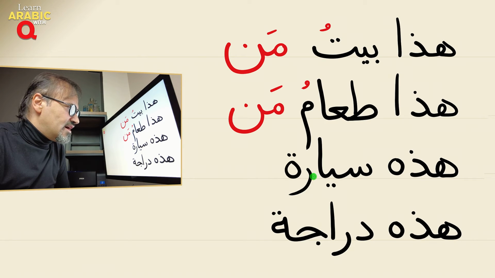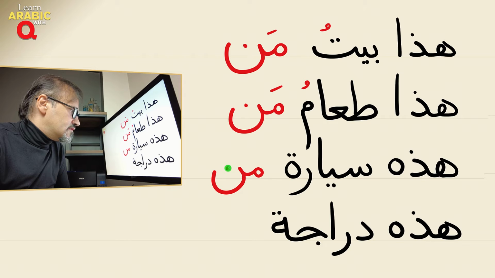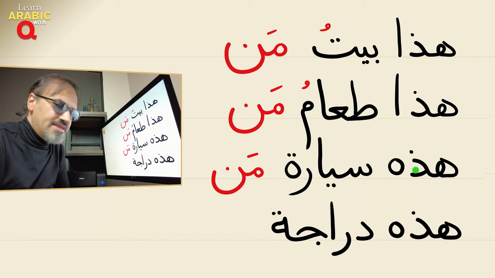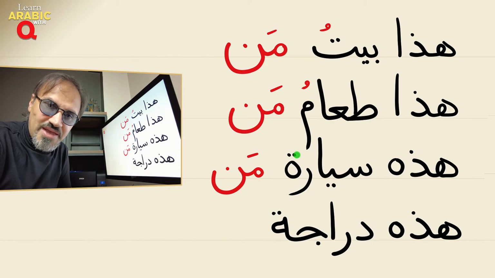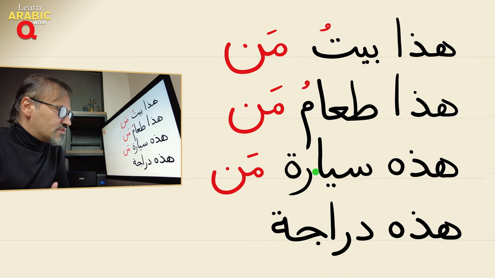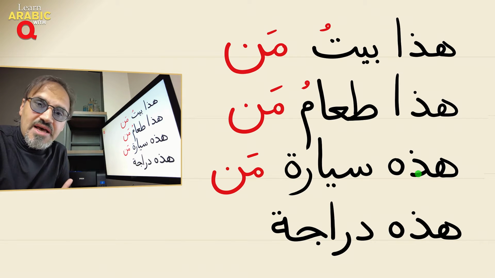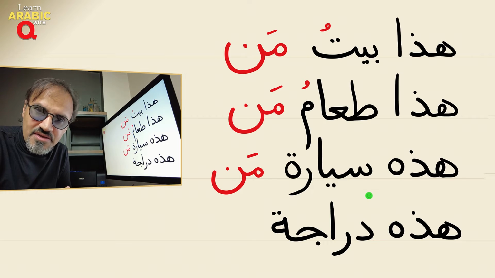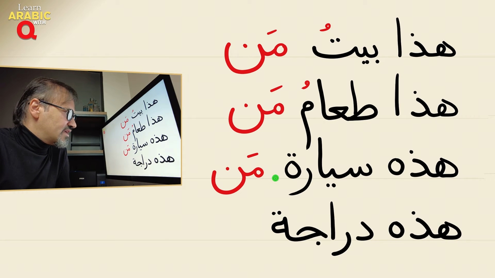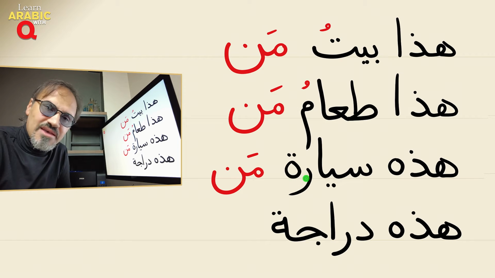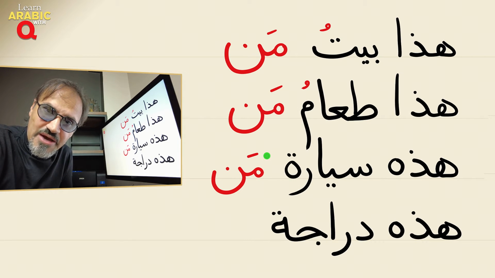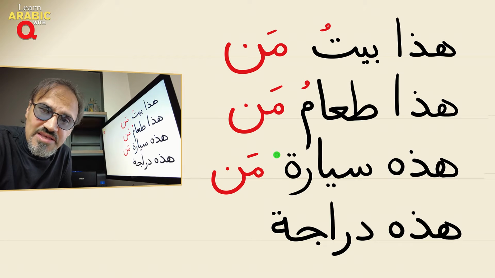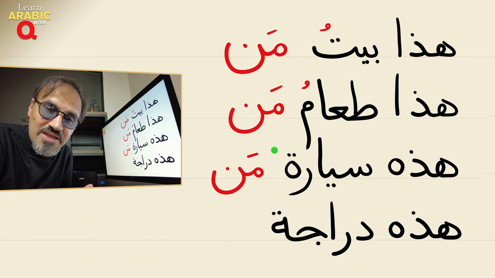هذه سيارة من. Now, if you notice here, before we used to say هذه سيارة, but once we added something after the word سيارة, the te came to life and now it's pronounced هذه سيارة من.